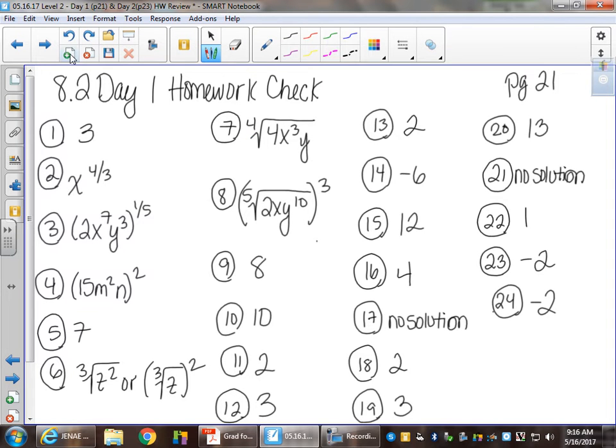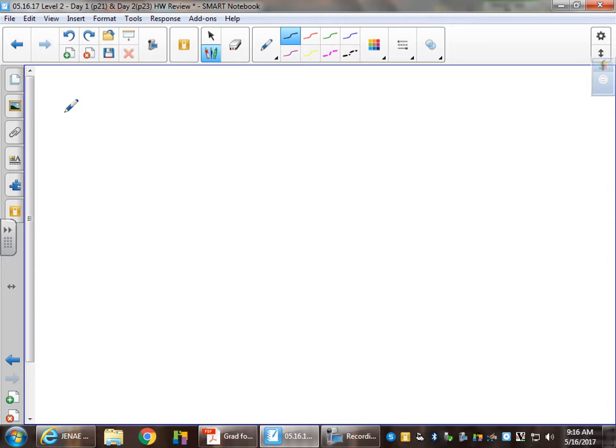Number 8. So number 8 said 2x y to the 10th raised to the 3/5. The directions for this were to rewrite the expression in radical notation.